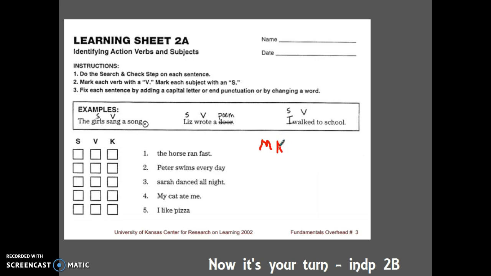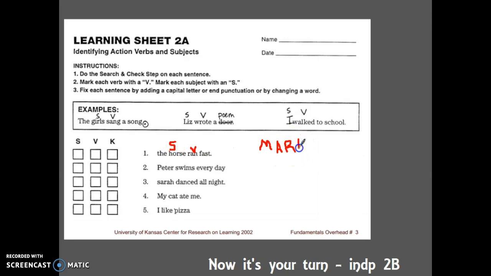Is there a verb? And I know that verbs are either action words or mind words. So I'm going to mark ran as my verb because it's an action. Oops. It should be an A. And then the next letter in MARK is R. Root out the subject. So who or what ran? The horse ran. That's my subject.